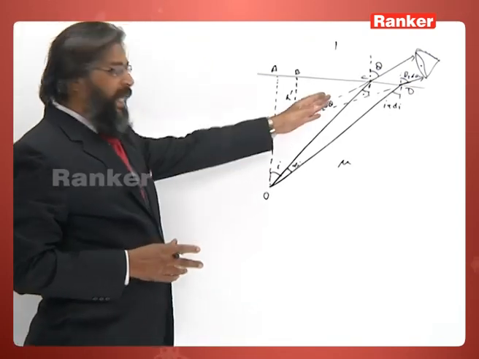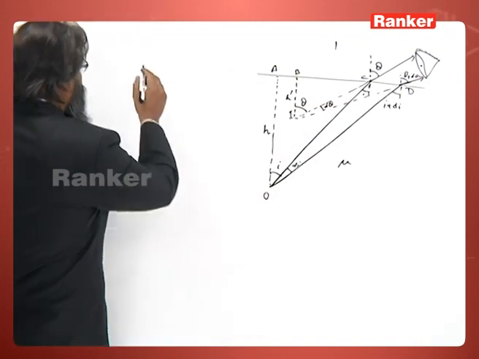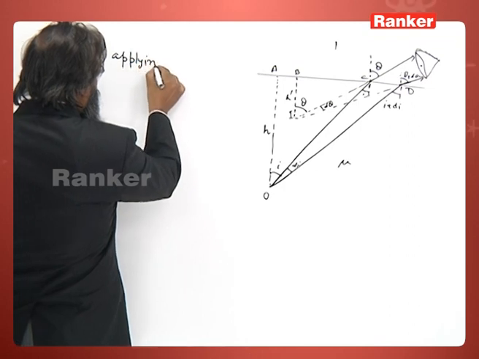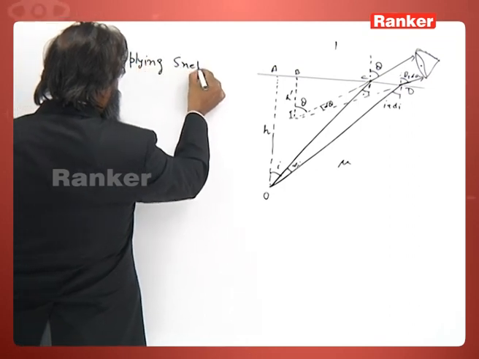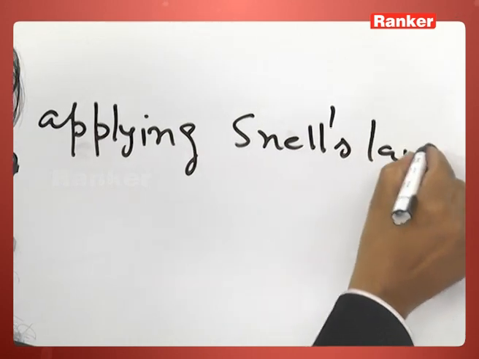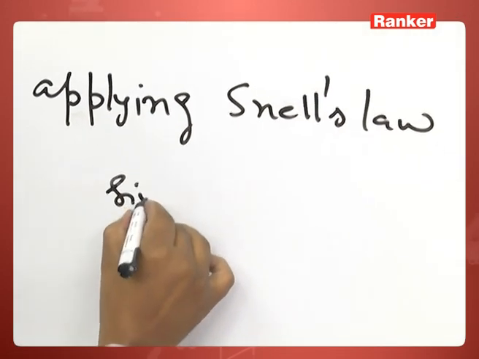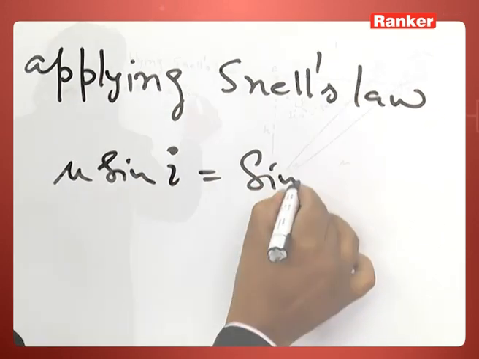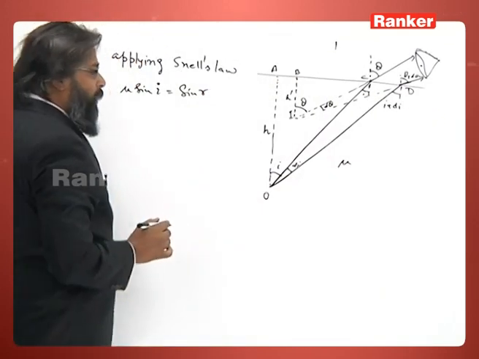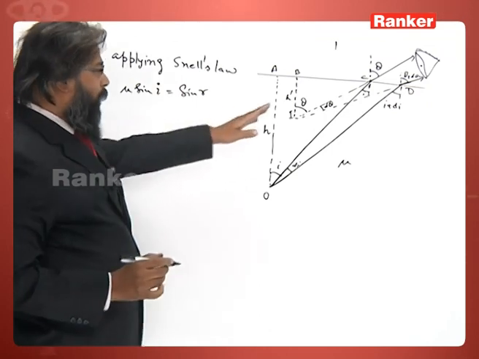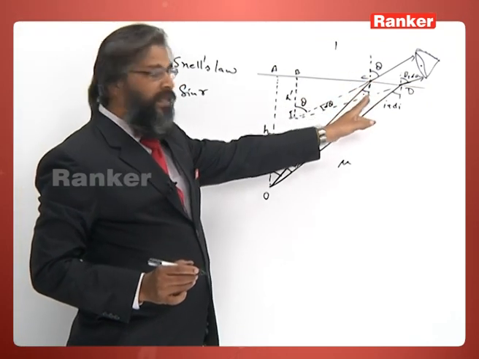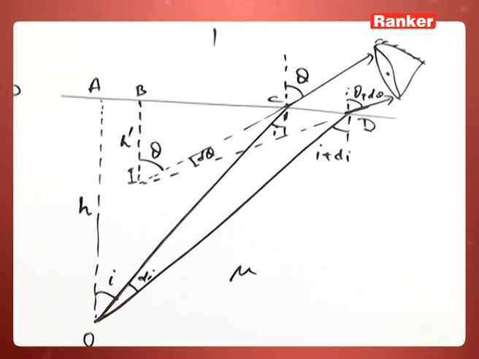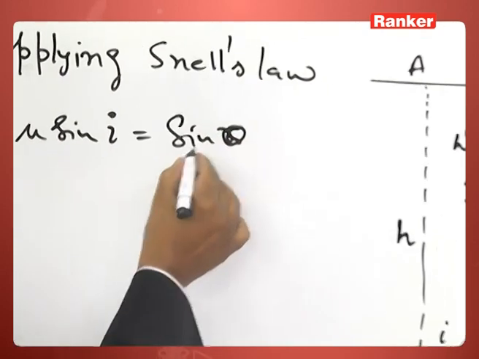Now, applying Snell's law here, mu sin I is equal to sin R. Now we wish to know how theta changes with a change in I, where R is written as theta here.